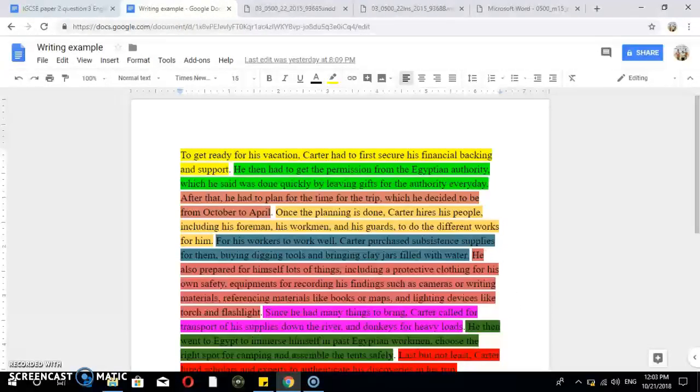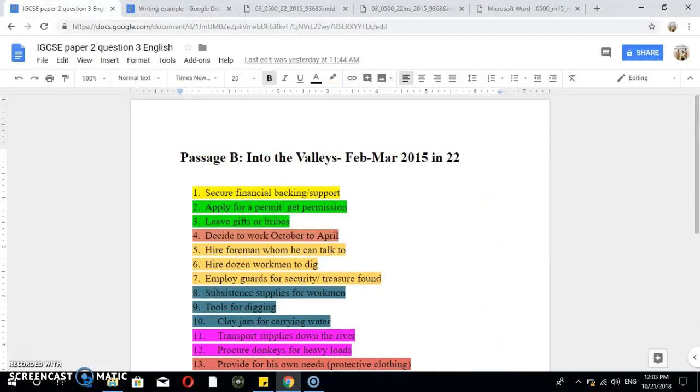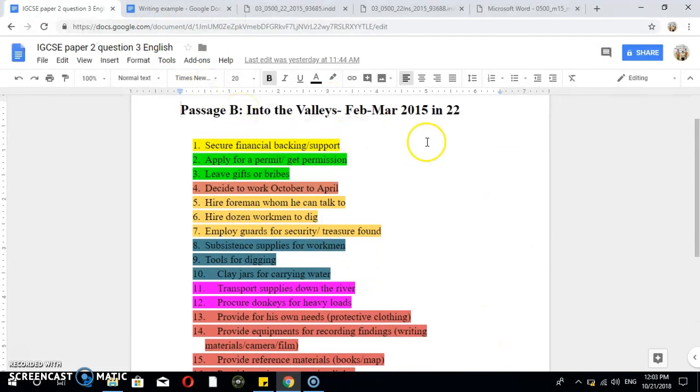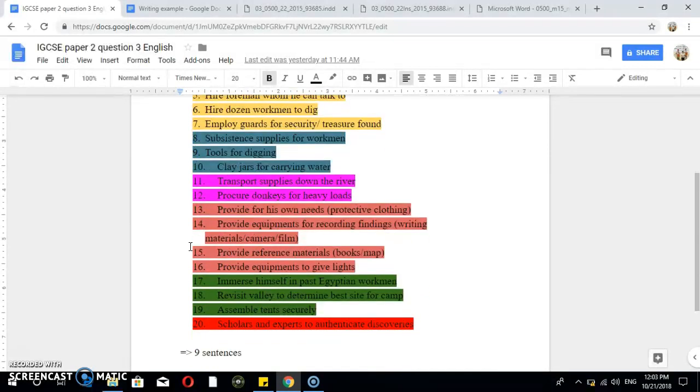Alright, so here I have successfully taken out the points for this article. As you can see here, 1, 2, 3, 4, 5, 6, 7, 8. The 8 points that we have discussed are written here, along with the other points at the bottom. You might wonder, why do I write 20 points?